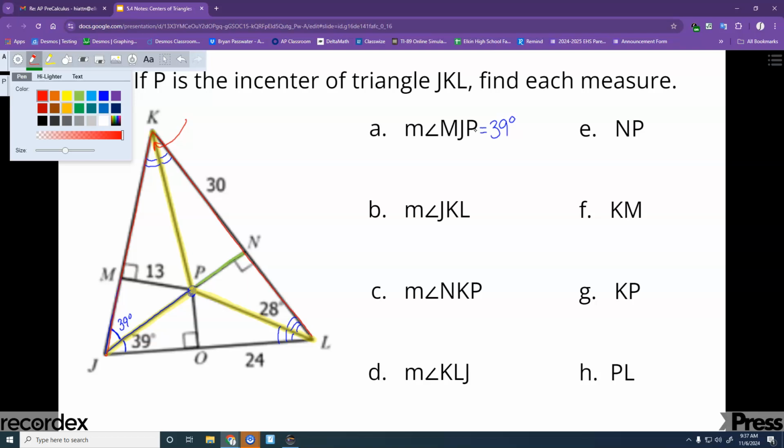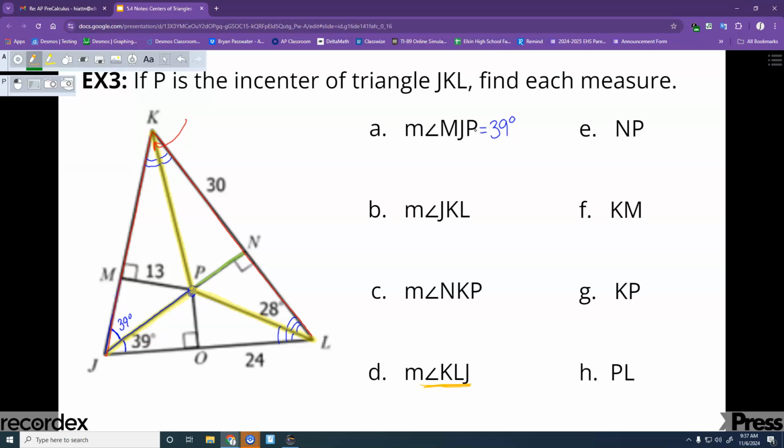Let's skip down here and let's find KLJ first. KLJ is this whole angle right here. What would that be? Okay, how'd you get 56? 28 and 28, because if this is 28, this is also going to be 28. So this is going to be 56 degrees.